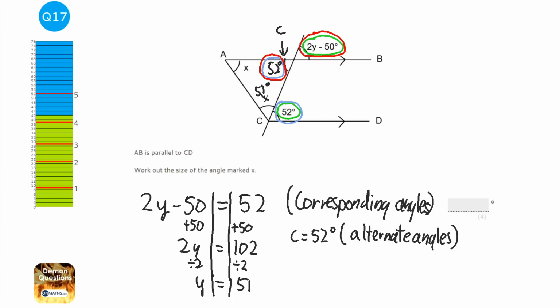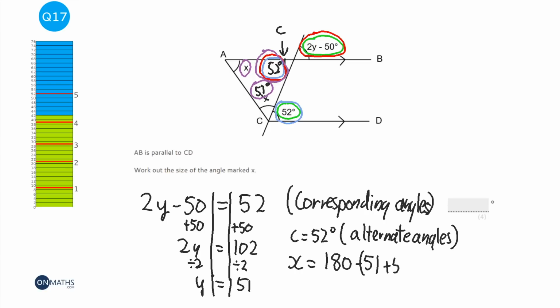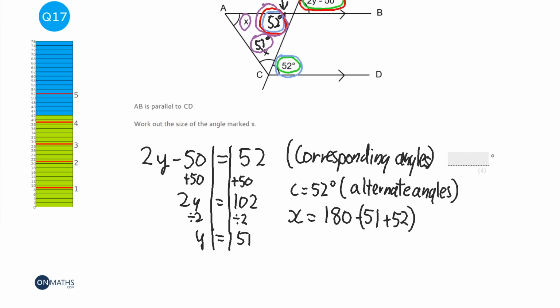Okay, so we've got three sides, or three angles in a triangle. I've got way too many colours going on here. So to work out x, so x equals 180 minus 51 plus 52. So work out what 51 plus 52 is, and then take away from 180.